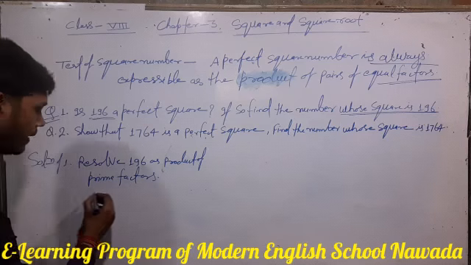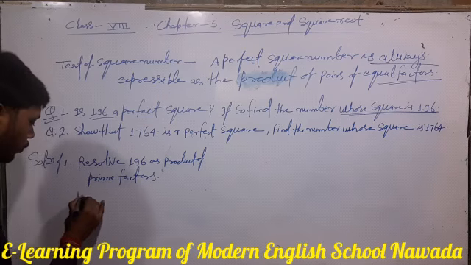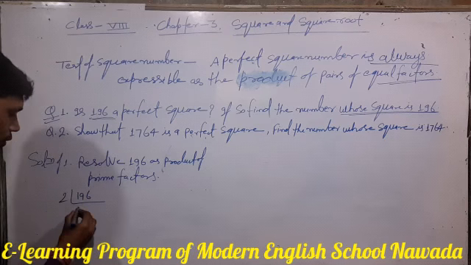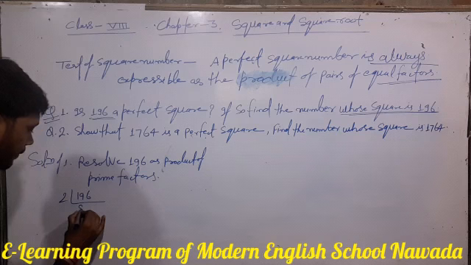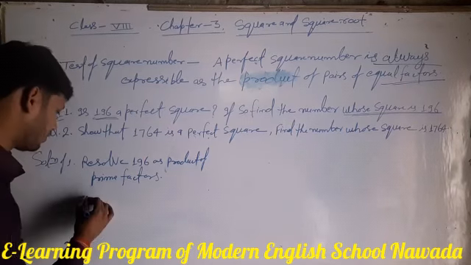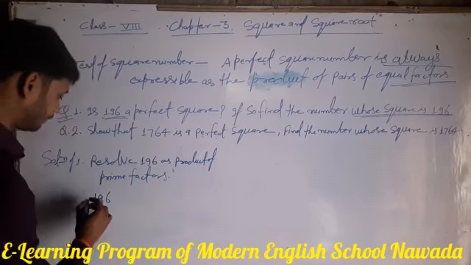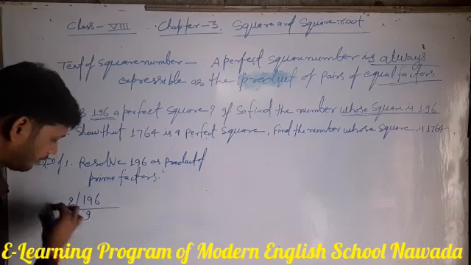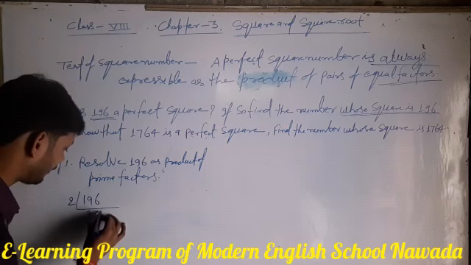So you have to find the prime factors of 196. First of all, divide it by 2: 98.